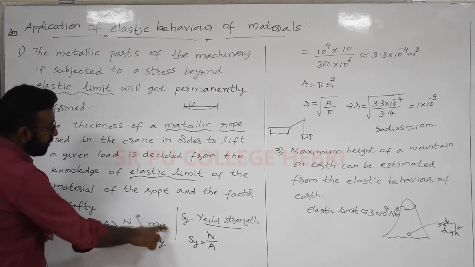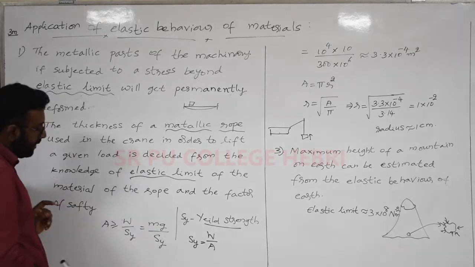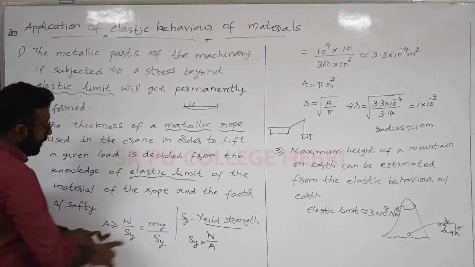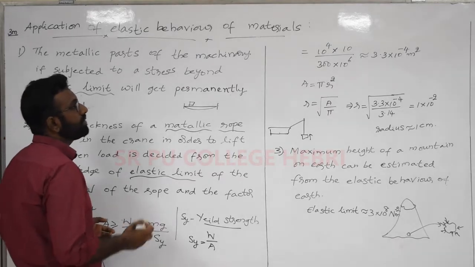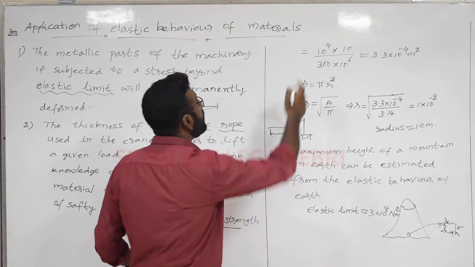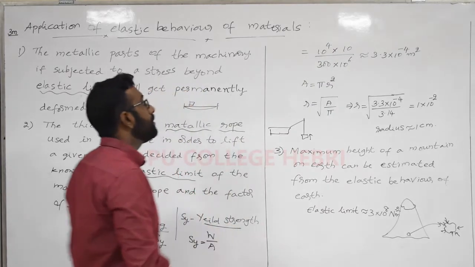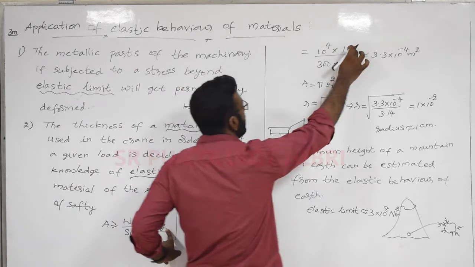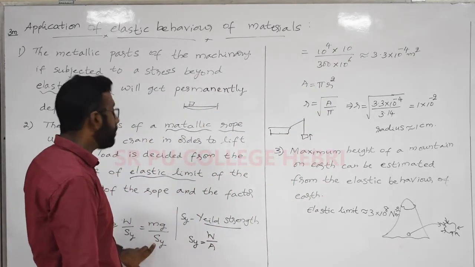So what can I substitute for W? W is nothing but M into G, since load is nothing but weight. Mass into gravity divided by this yield strength. Then we can substitute the value for a particular load. If you want to lift 1000 kg or 10,000 kg, I'll take 10,000 kg, or 10 to the power 4, multiplied by G. We take the G value as 10, divided by the yield strength of the particular material.